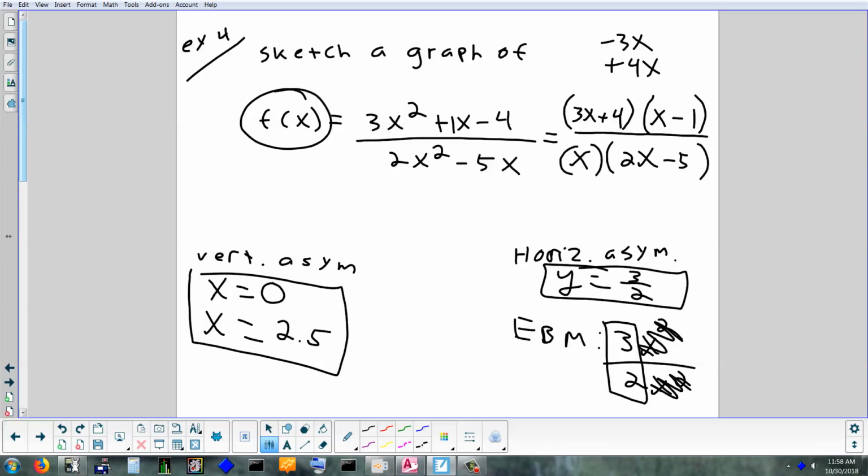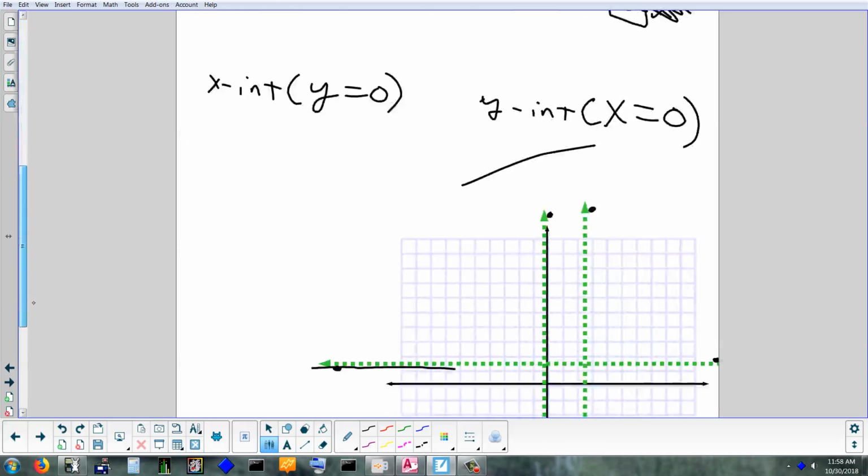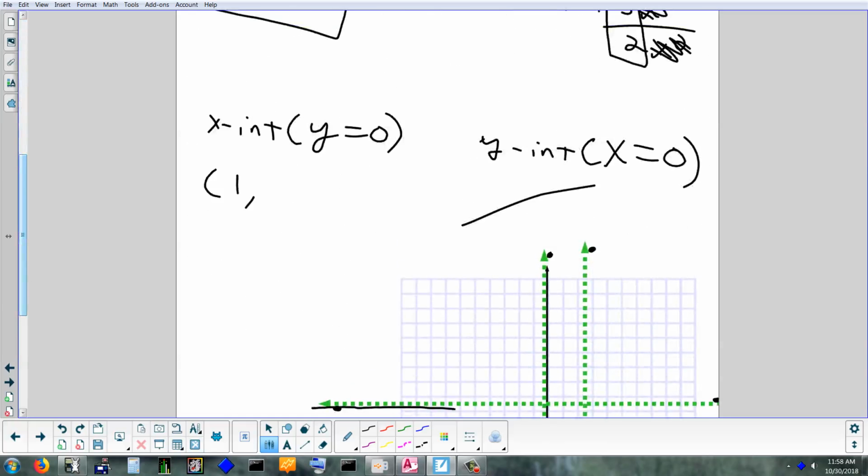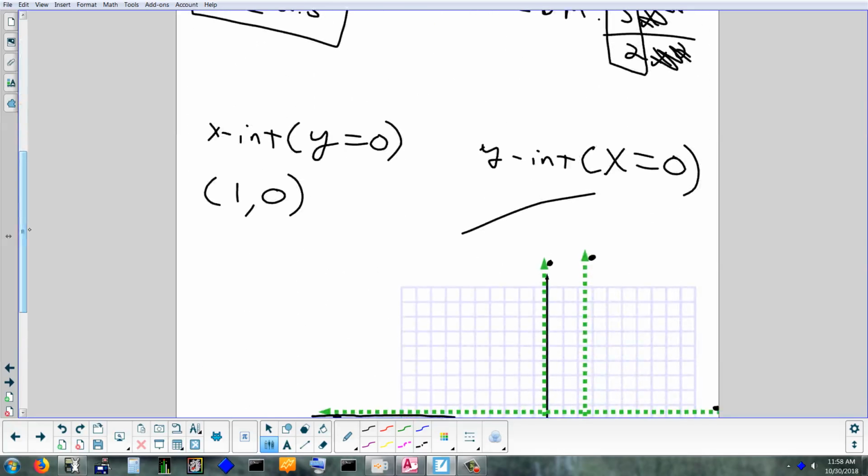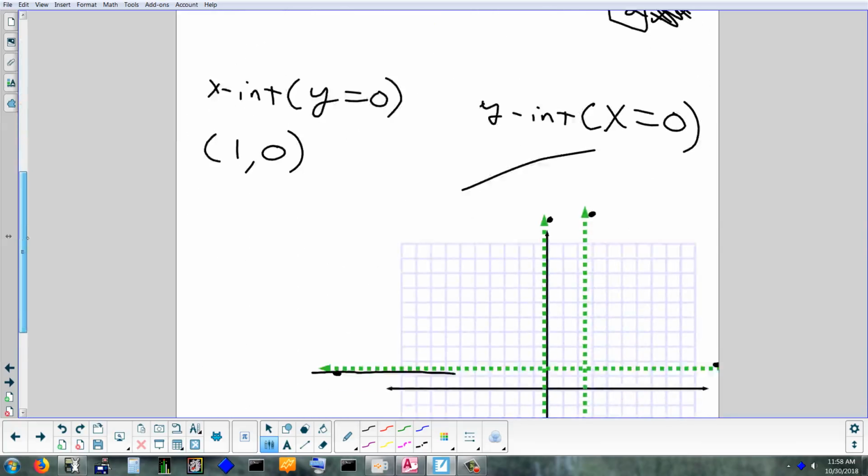What's one number you could plug in to make the top 0? 1. So you could plug in 1. So this is going to cross the x-intercept at 1, 0.